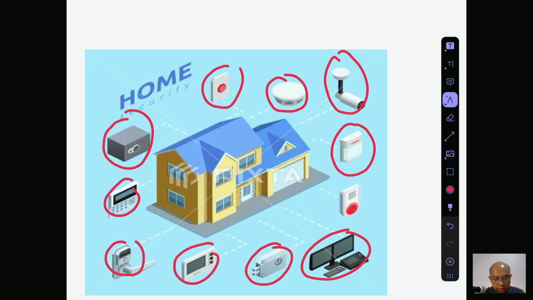And here maybe some switches. A home security system has a lot of devices installed in a home, and each door and each window has a detection switch or sensor that detects the open or closed status of the door or window.